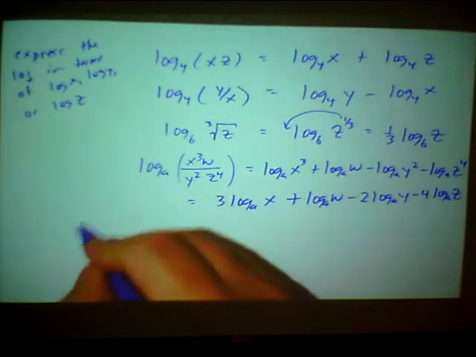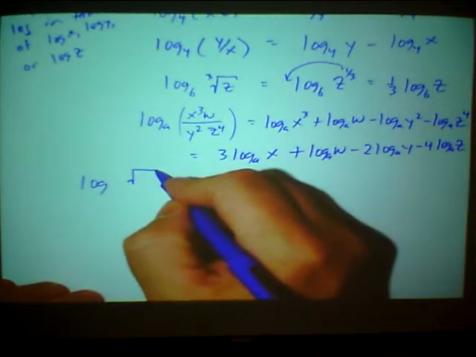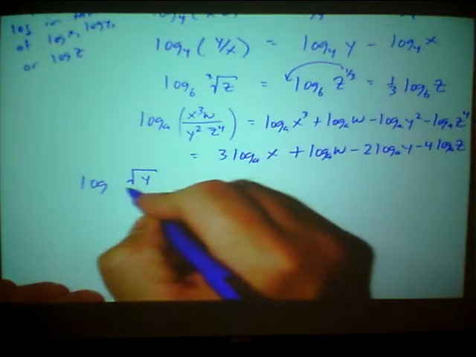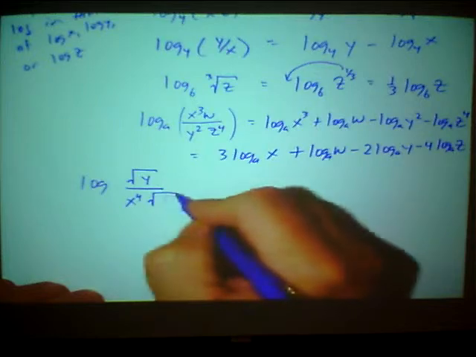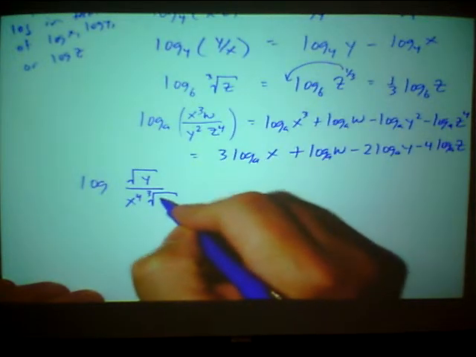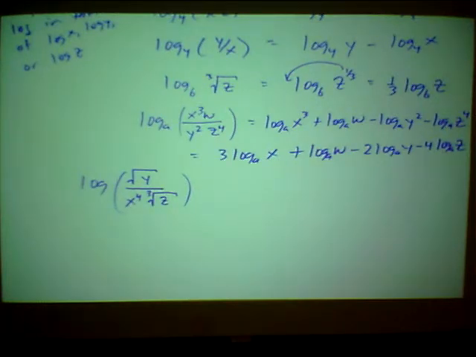Now let's do some with radicals. How about log of the square root of y over x to the 4th times the cube root of z. I want to rewrite this and express it in terms of log x, log y, log z.